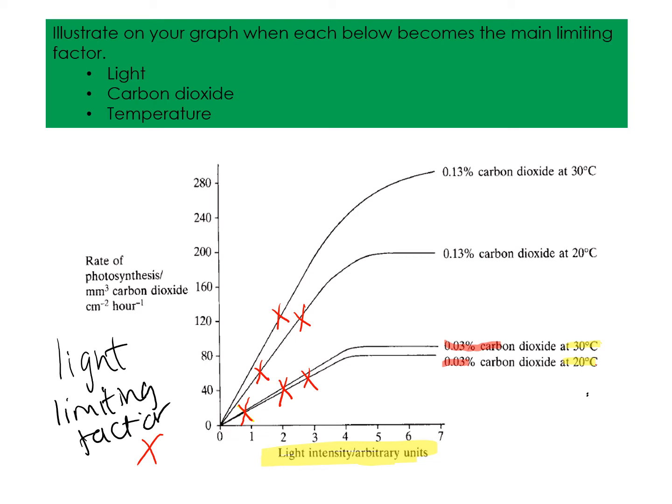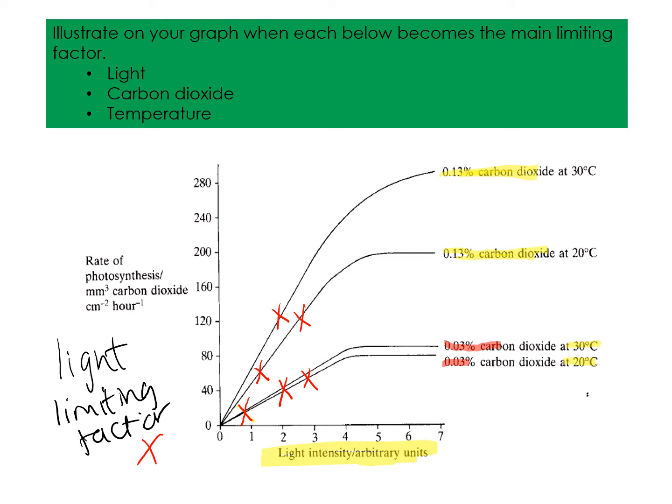And then we've got experiments at the top here where the carbon dioxide concentration is high, and we've changed the temperature. So we can make comparisons between these lines to say how much each factor is limiting at each light intensity.